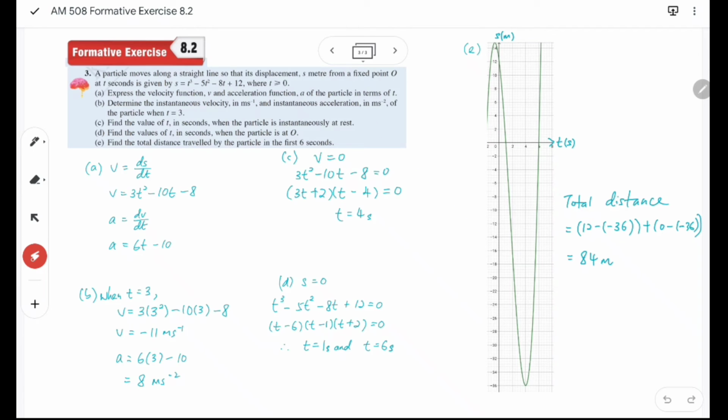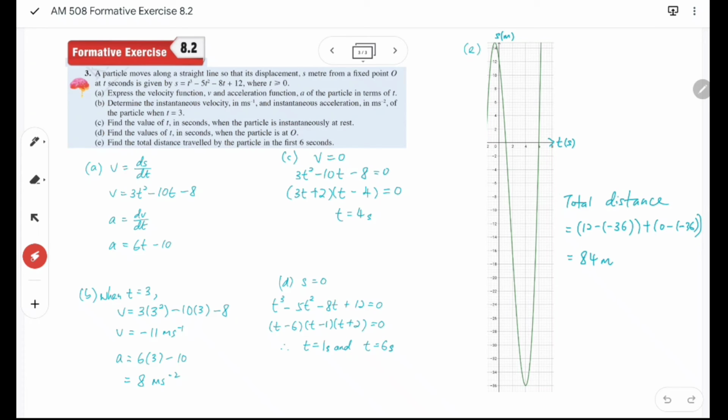D. Find the value of t in seconds when the particle is at O. So when the particle is at point O, we know the displacement is actually 0. So s equals 0, we get t cubed minus 5t squared minus 8t plus 12 equals 0. We haven't learned how to solve the cubic equation, so we use a calculator.